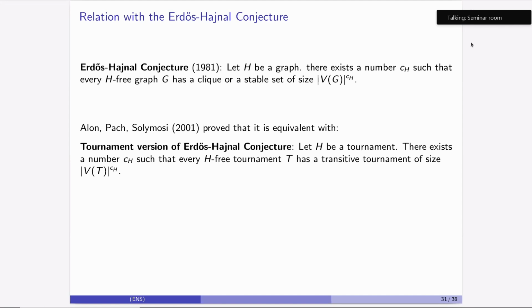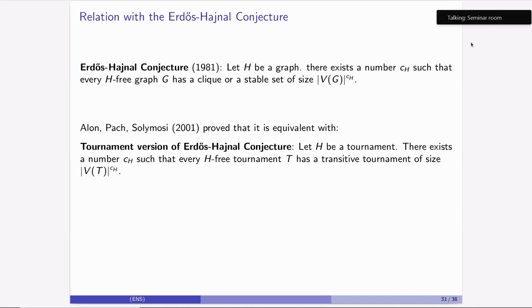So this is wide open, but there has been some advances those past 2 years. And in 2001, Alon, Pach, and Solymosi gave an equivalent way of stating this conjecture through tournaments. So the tournament version is, if H is a tournament, there exists a number c_H, so that every H-free tournament has a transitive subtournament of polynomial size in T, in number of vertices.